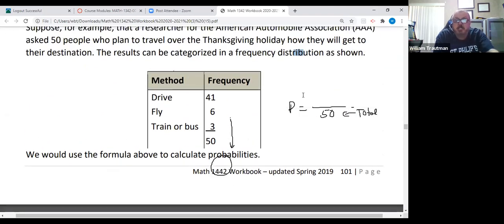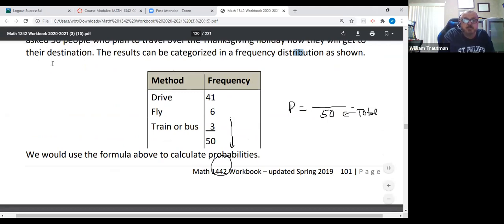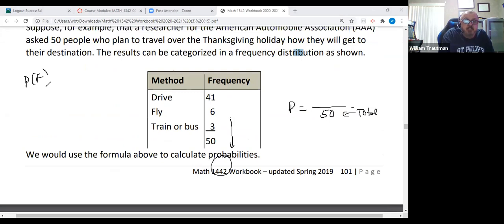What's the probability that somebody flies? The total was 50 possible people.